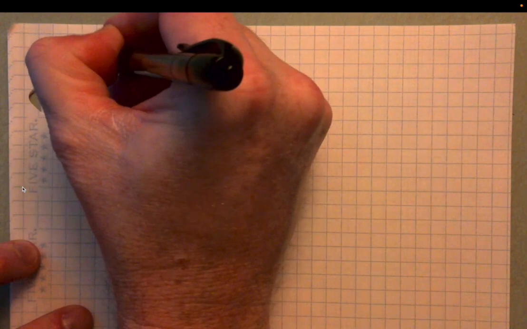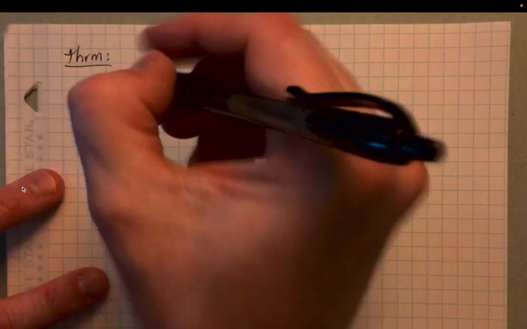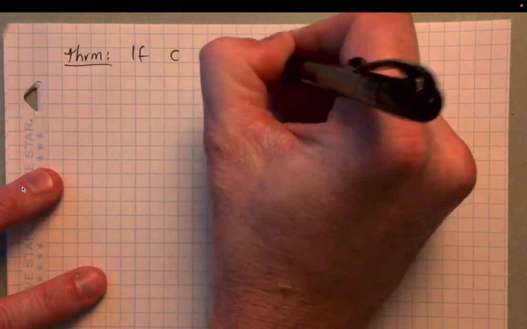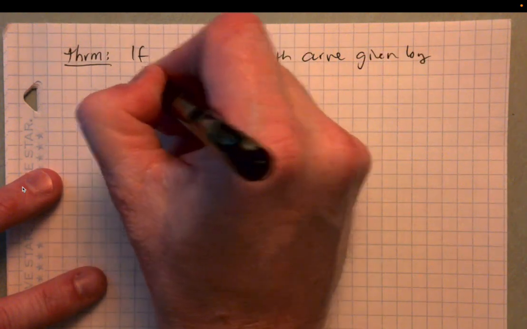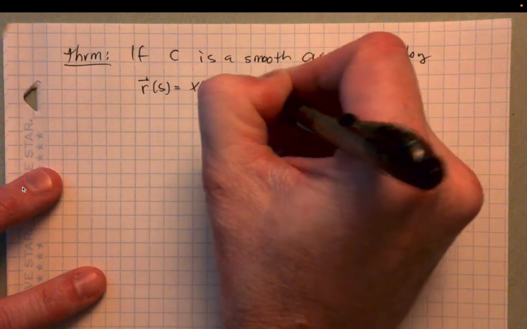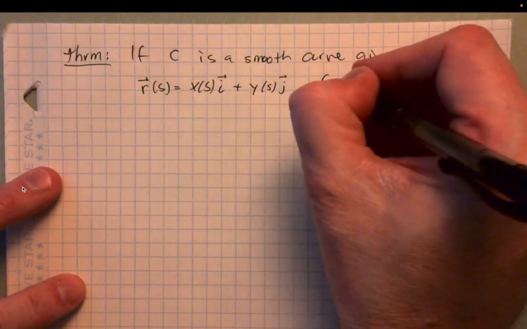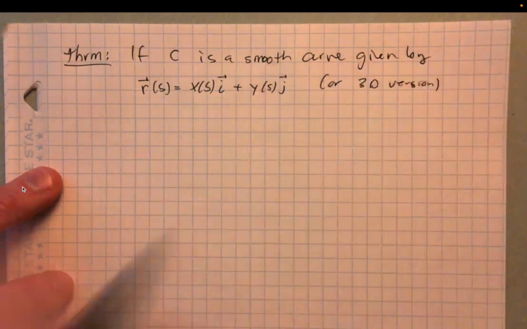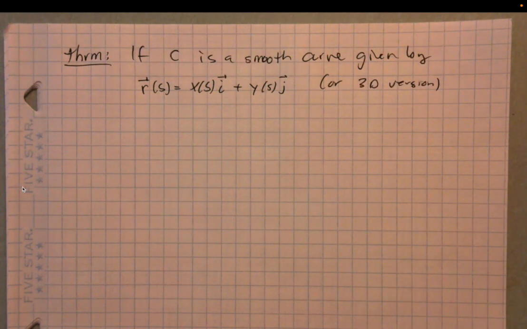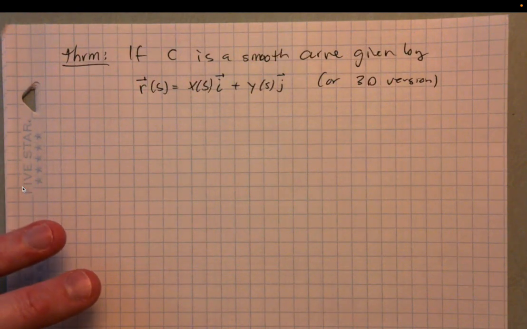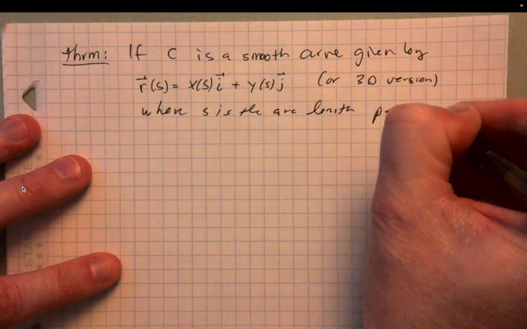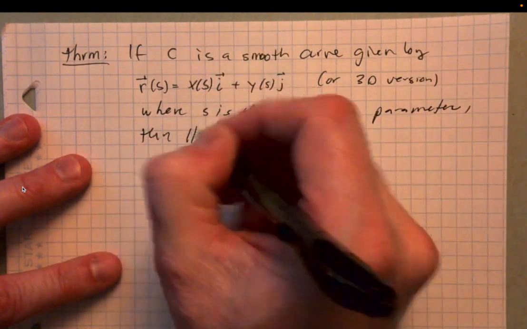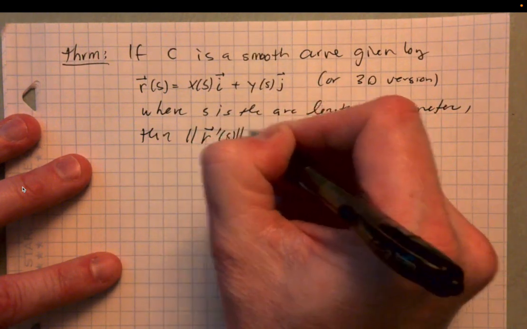All right, so, theorem. If C is a smooth curve given by a vector valued function r parameterized by arc length, where s is the arc length parameter, then the norm of the derivative of r is equal to 1.